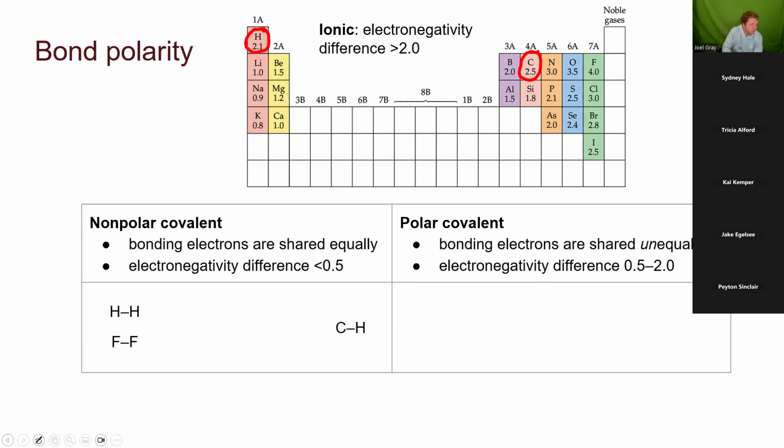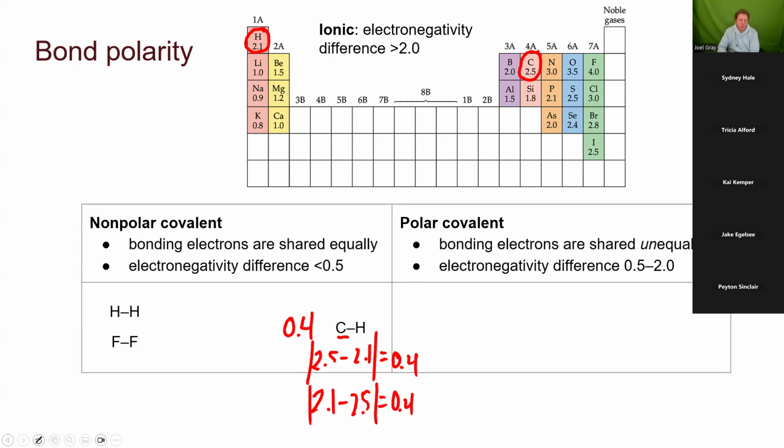So you're absolutely right, 0.4 is our difference. We took the 2.5 up here for carbon, 2.5 minus 2.1, with the absolute value markers, and I get 0.4. Alternatively, I could have said 2.1 minus 2.5, again absolute value, and I get 0.4. So my electronegativity difference between those two atoms is 0.4.